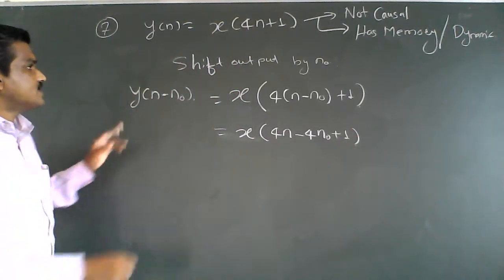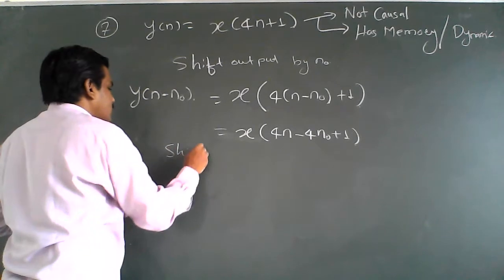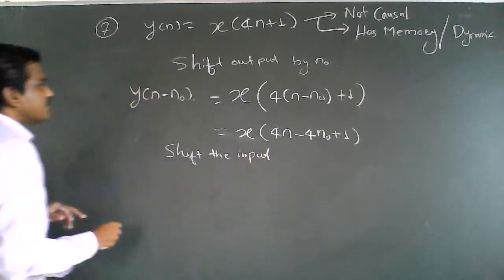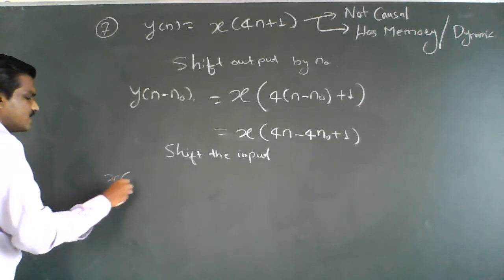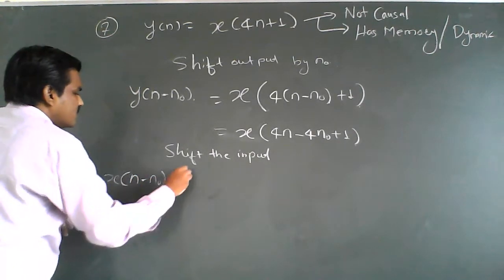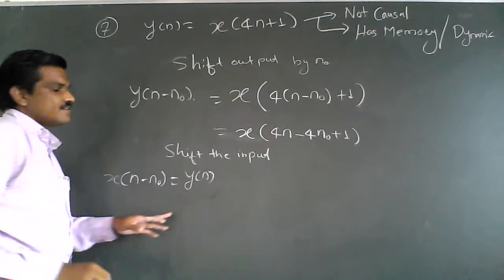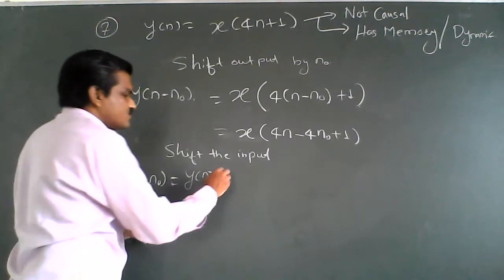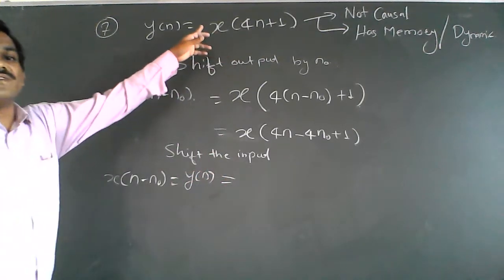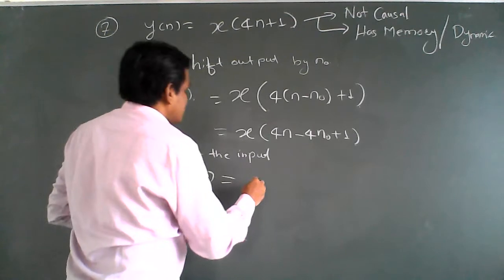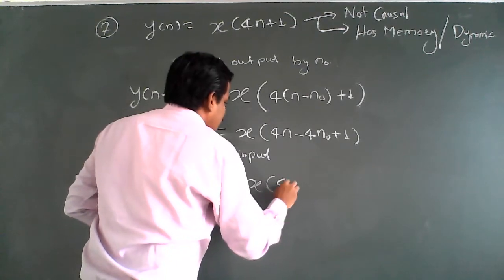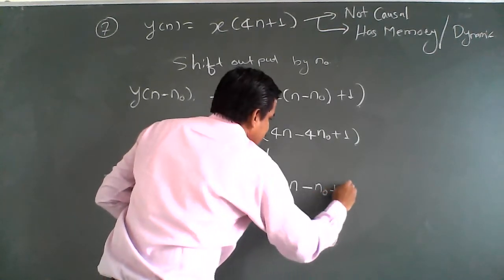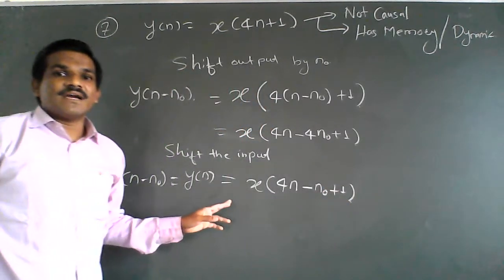Now let us shift the input. That is x of n minus n0, which gives y of n, n0, equal to x of 4n minus n0 plus 1.